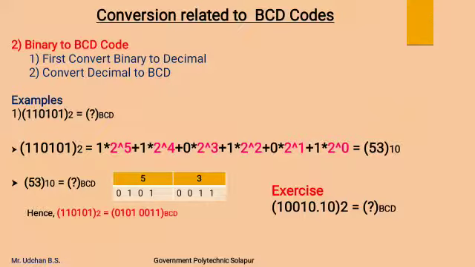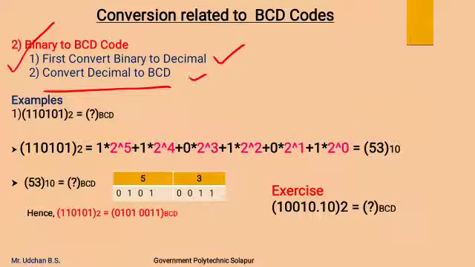Now next we will see the second conversion related to BCD, that is binary to BCD. We cannot convert a binary number into BCD directly. So first we have to convert the given binary number into the decimal number. After that we can convert the given decimal number into the BCD.